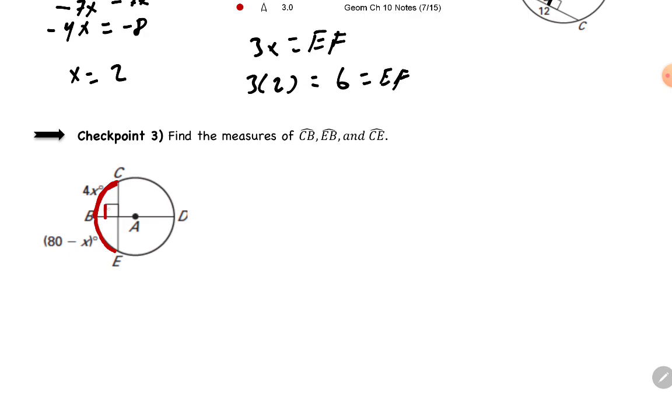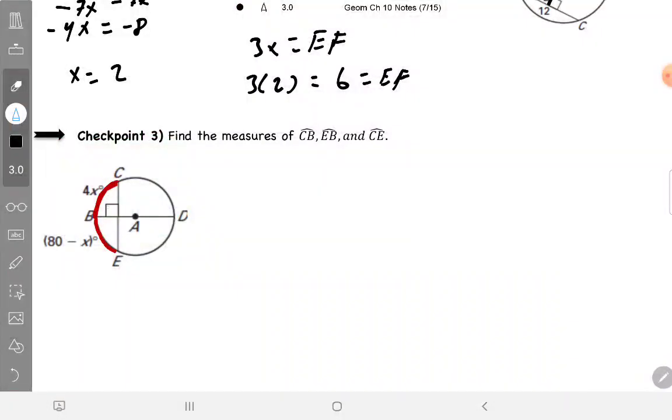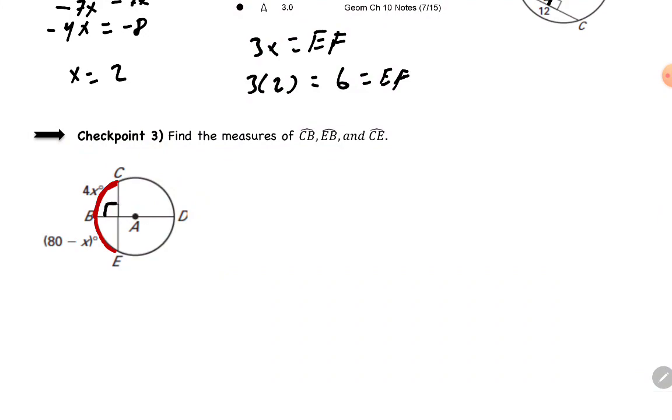Because we know that this right angle here is perpendicular to the diameter, this chord gets split into two congruent pieces, and the arc gets split into two congruent pieces.